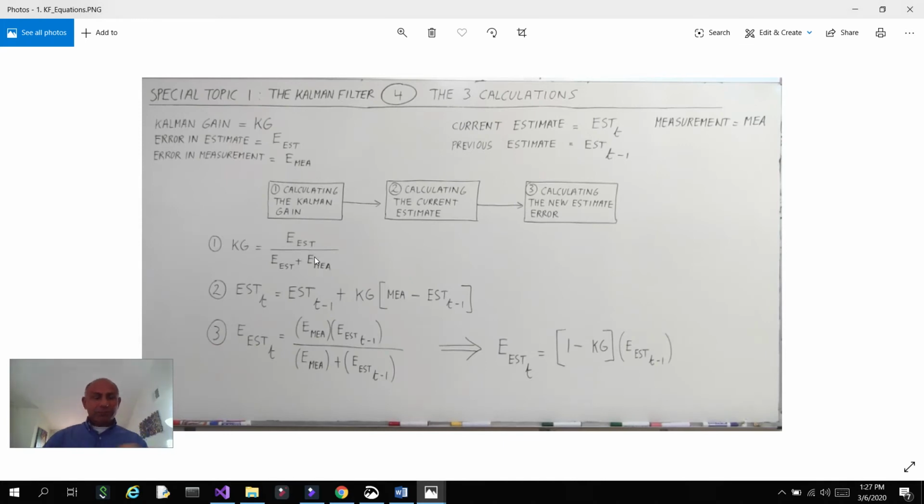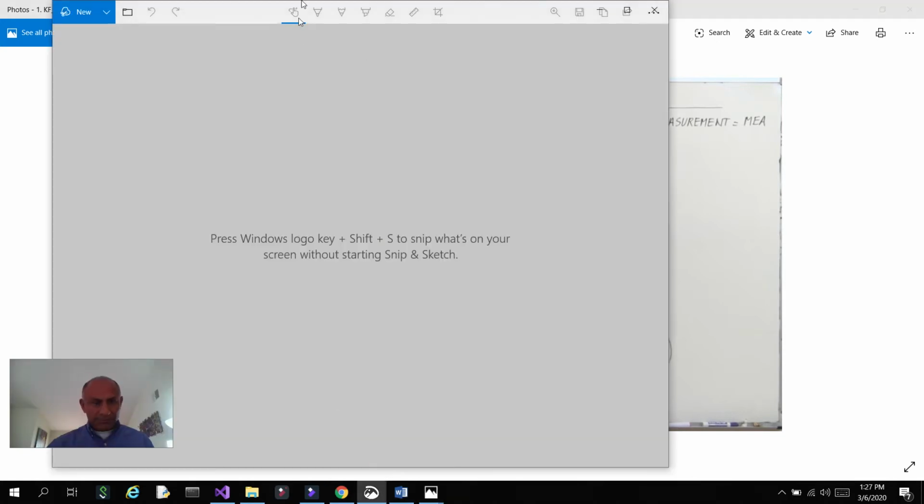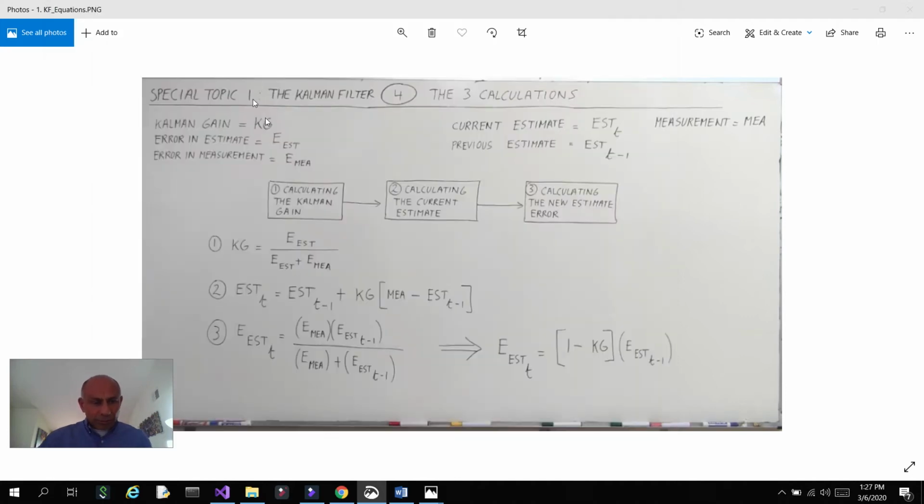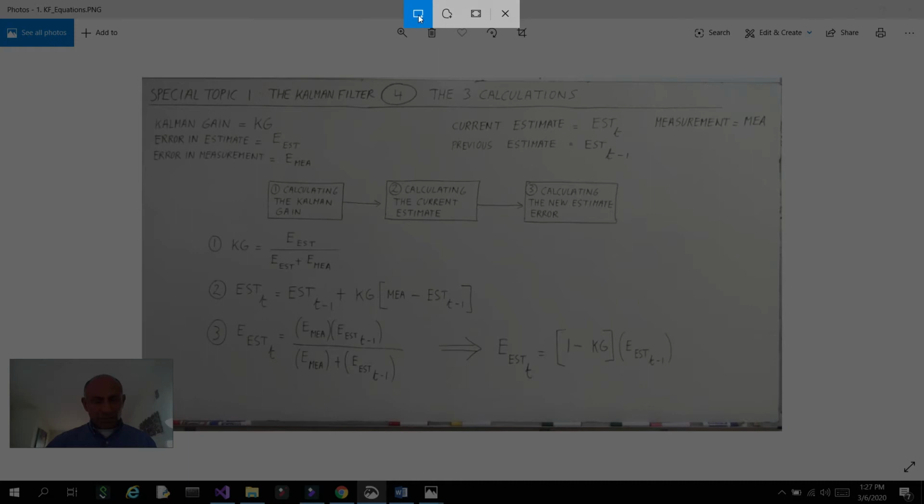Now, the only thing is for matrix manipulation we do it differently. Let me see if I can write it down here.